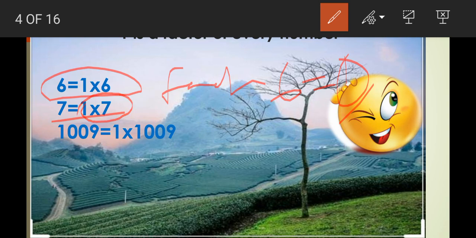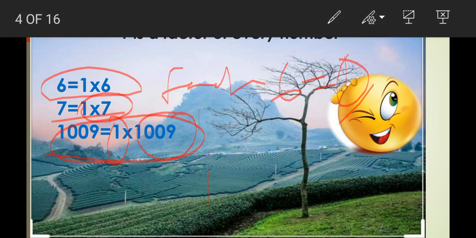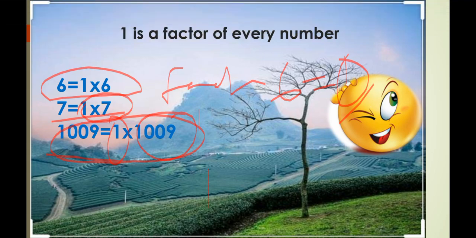So, factor of 7 will have 1. See, 1009 I have written. Here also 1 is there, right? So, 1 is again a factor. So, whichever number you take, 1 is a factor of every number. Okay. Now comes the next one.